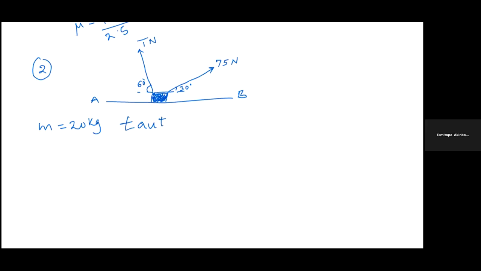The strings make angles of 60° and 30° with the horizontal on either side of the block.